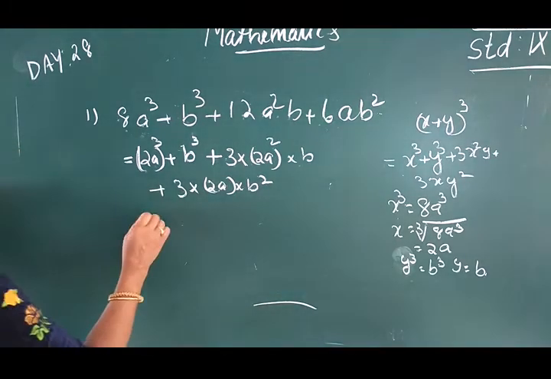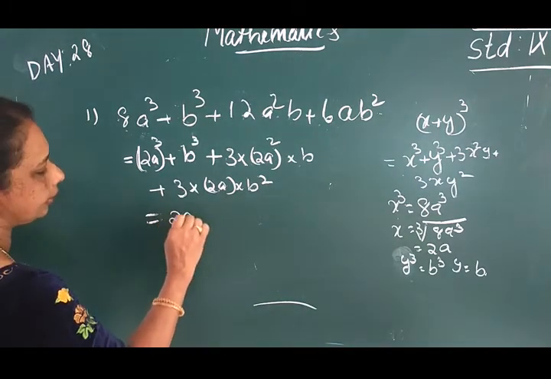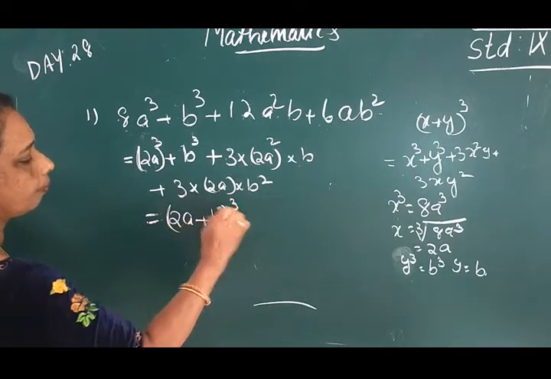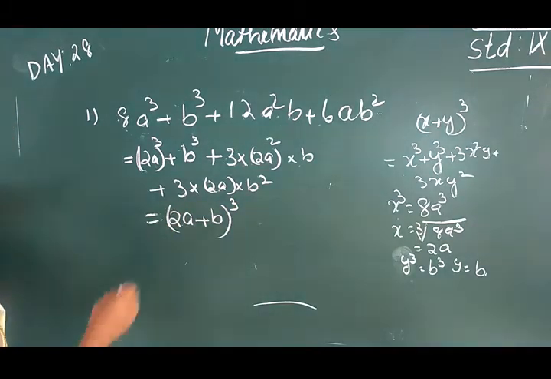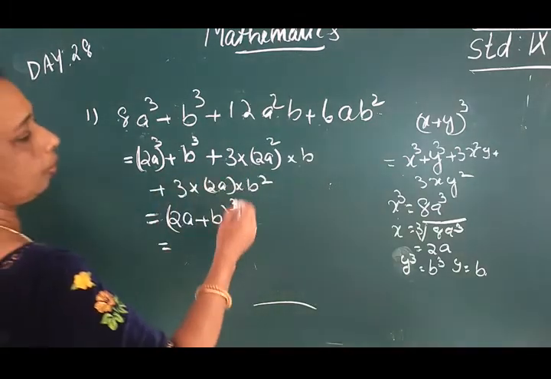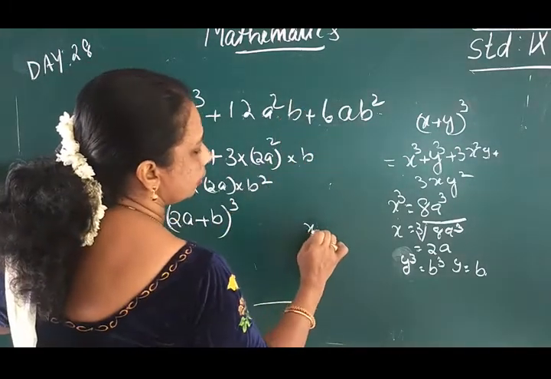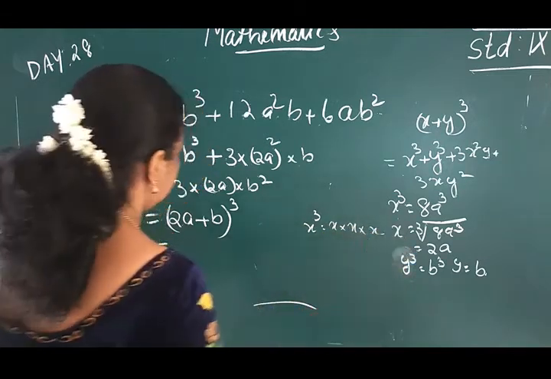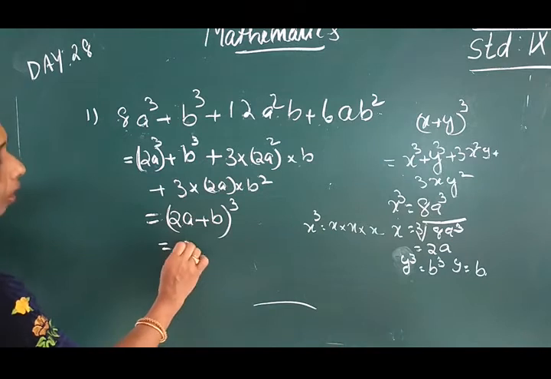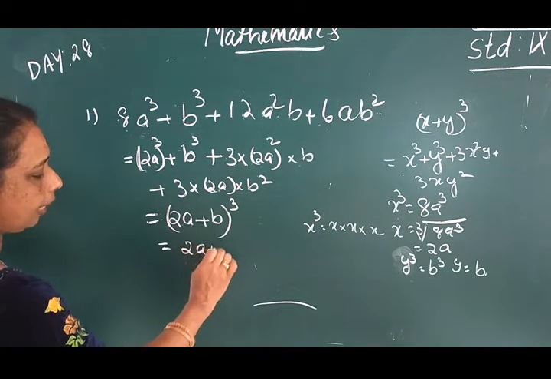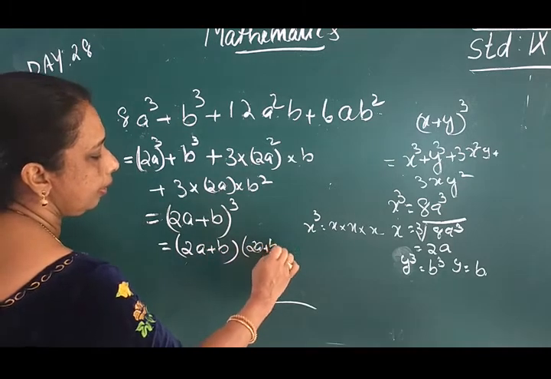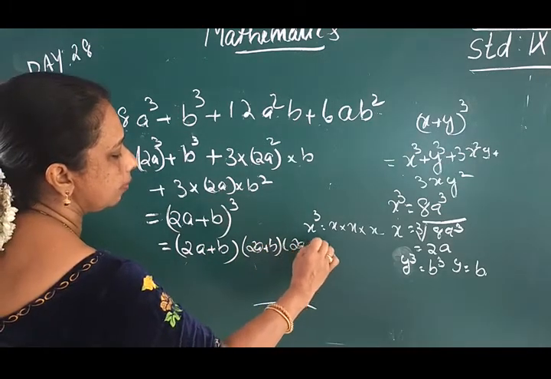So we can write this as 2a plus b the whole cube. We want to factorize it, so we write the factors. You know x cube is x into x into x. Similarly, 2a plus b the whole cube is 2a plus b into 2a plus b into 2a plus b.